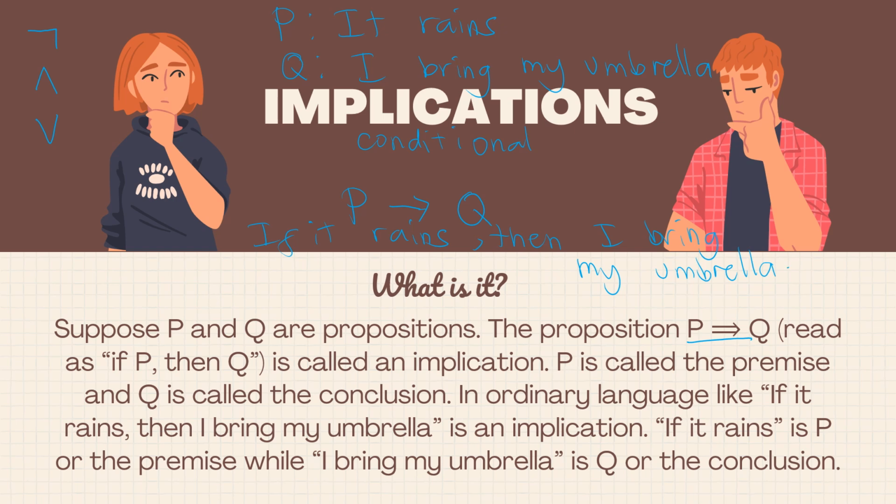So this is the first proposition, that's P, it rains. So if and then P, which is it rains, then the Q proposition, which is I bring my umbrella. So if P then Q is the statement: if it rains, then I bring my umbrella.